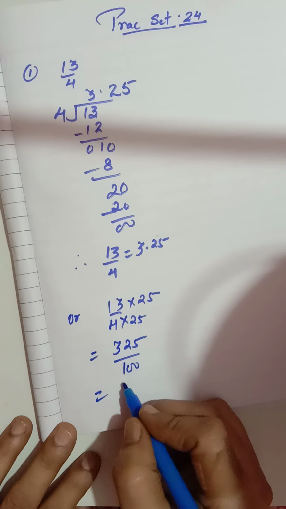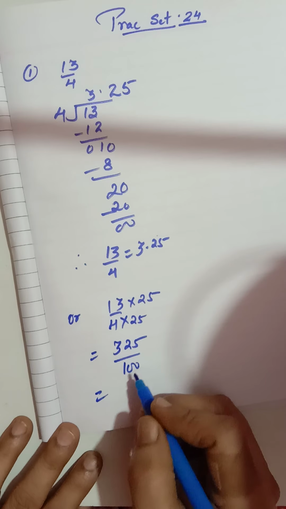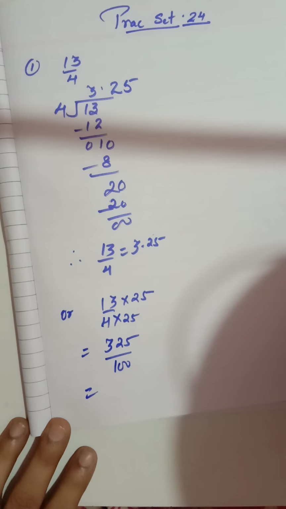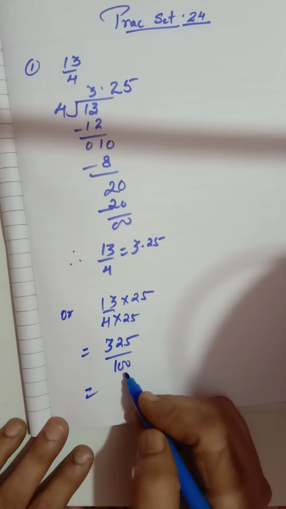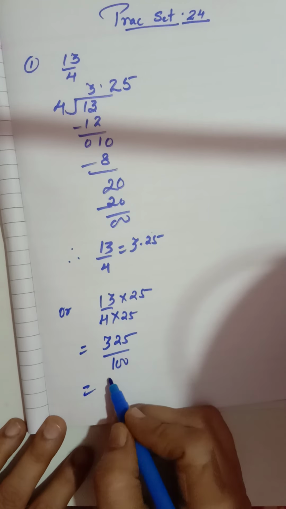Now we know how to put the decimal. We have learned in 5th standard that when we have denominator 100, we count how many digits from the back side, 1, 2 digits, so it is 3.25.